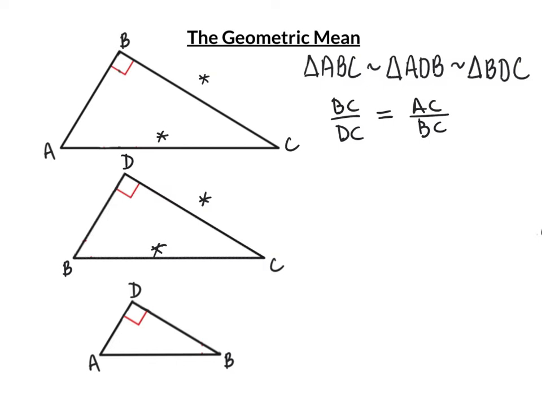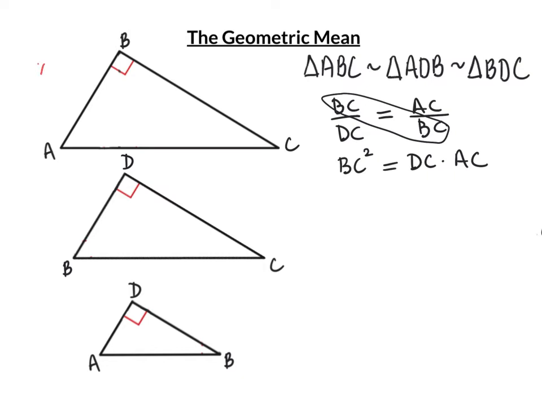BC is to DC as AC is to BC. Let's cross multiply this. BC times BC is BC squared, and that equals DC times AC.